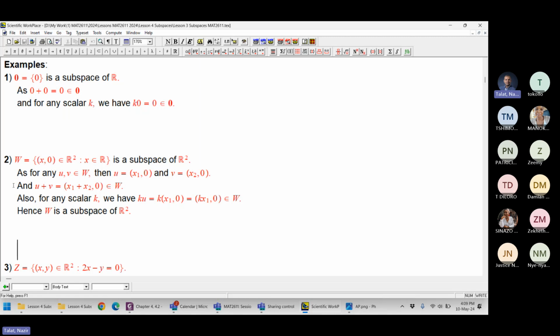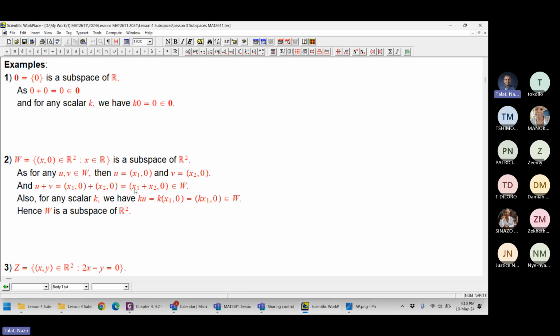Now, if we add these two, U plus V, how do we add? U is (x1, 0) and V is (x2, 0). If we add two vectors of the same size, the first element is added to the first and the second to the second.